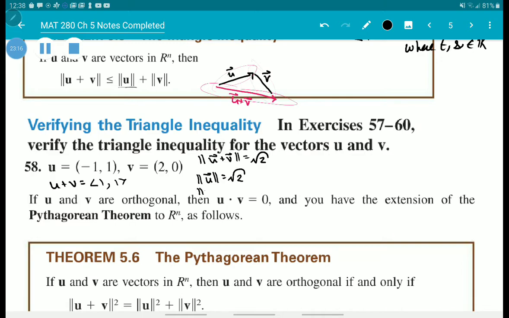And the magnitude of v would be the square root of 4 plus 0, which is the square root of 4, which is 2. So the triangle inequality says the magnitude of u plus v has to be less than or equal to the magnitude of u plus the magnitude of v. So we know the square root of 2 is definitely going to be less than the square root of 2 plus 2.